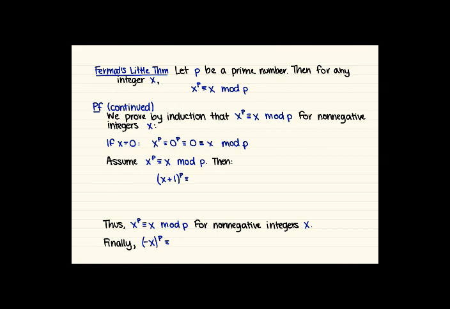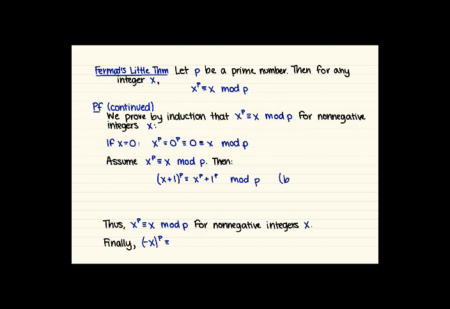Now we're going to assume that x to the p is congruent to x mod p, and then look at what happens with x plus 1. We want to prove that our statement is true for x plus 1. So x plus 1 to the p, by the claim that we just proved, is congruent to x to the p plus 1 to the p mod p.